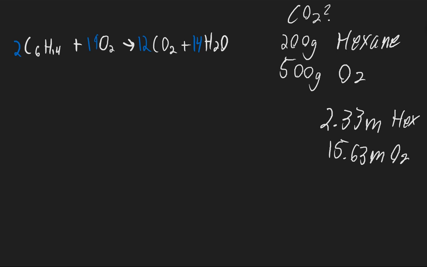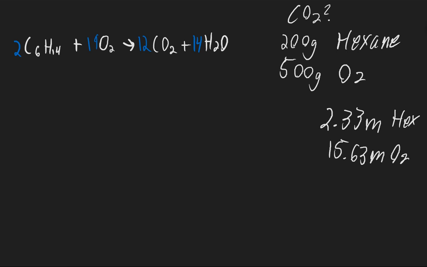Well, we have to be careful because we have to look at our balanced equation over here, right? Our balanced equation says that in this reaction, 2 moles of hexane react with 19 moles of molecular oxygen. That's a lot of oxygen per hexane, right?